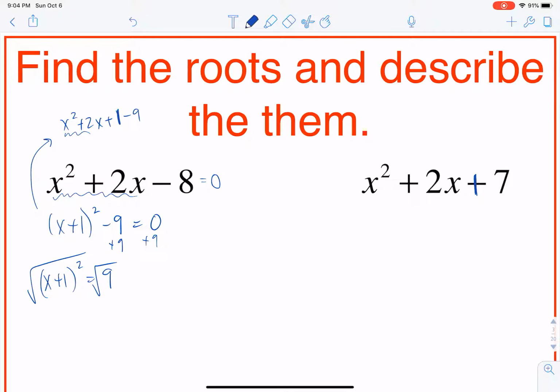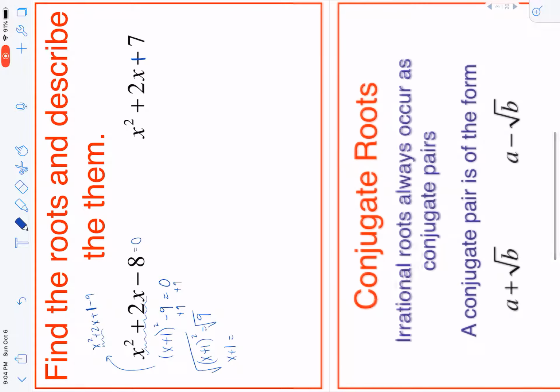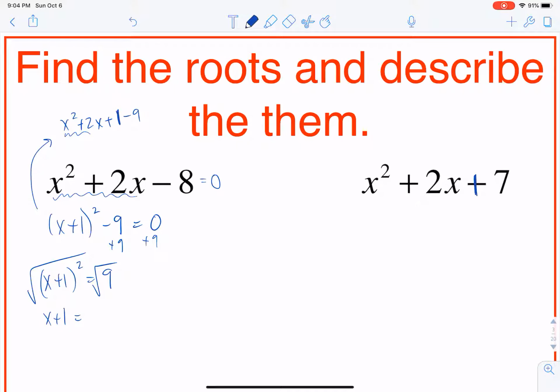I can take the square root of both sides, so x plus 1 is equal to 3, and I also know that x plus 1 is equal to negative 3. So here I have x is equal to 2. I can subtract 1 from both sides, and I can subtract 1 from both sides over here, and I get that x is equal to negative 4.